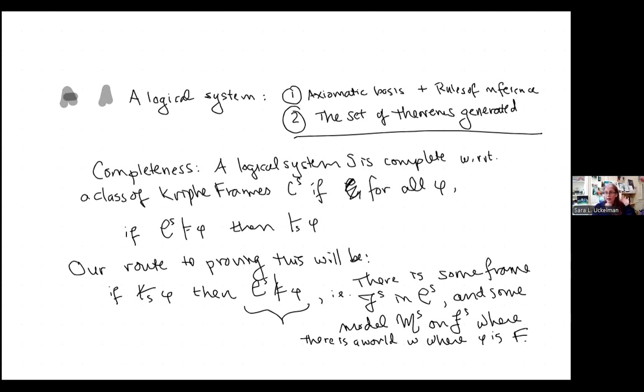So we go from being a non-theorem to being false in at least one world on one model in one frame in the class of frames. So that is the process that we are going to go through.